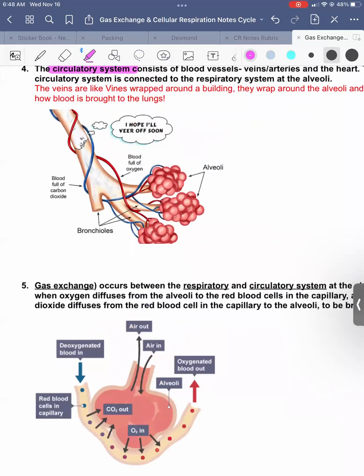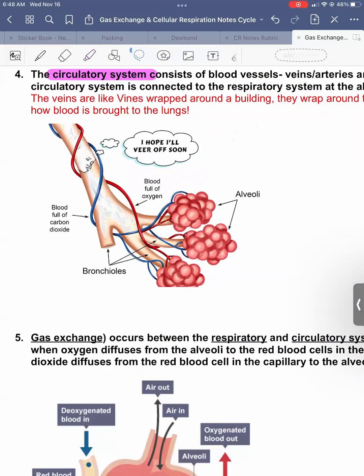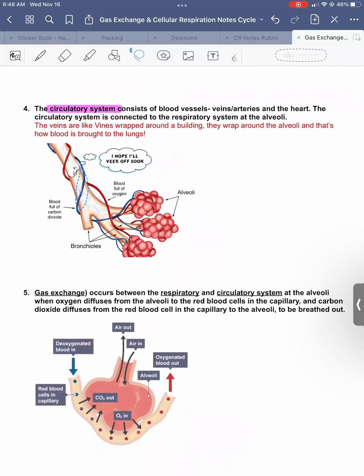If we look at that, here's the alveoli, and then we see that the vessels are wrapped all the way around. I like to think of it as veins around a tree or around a building. They wrap all the way around it, right? And this is how blood is brought to the lungs to pick up oxygen and drop off carbon dioxide.